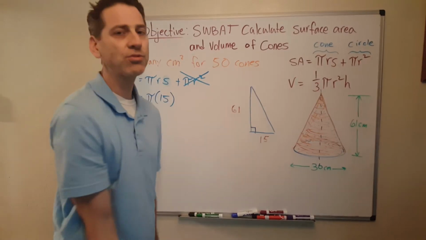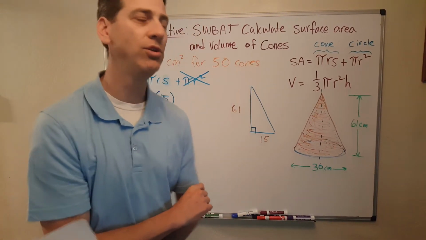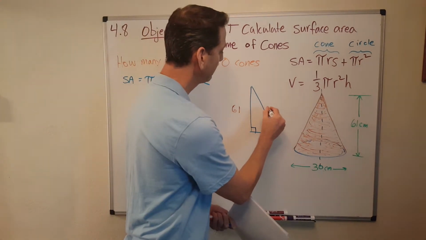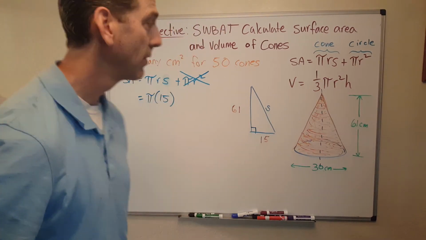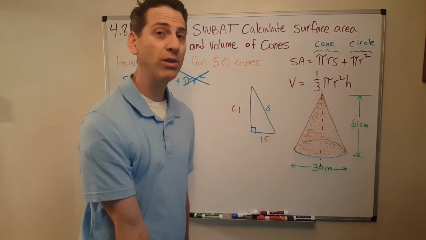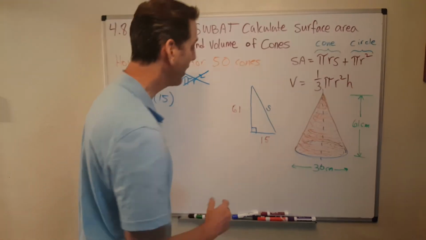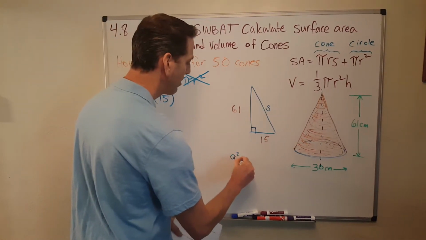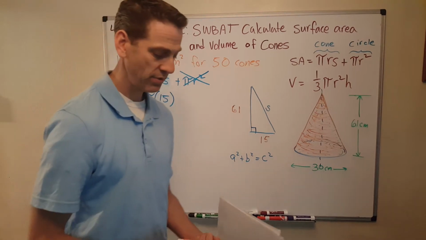So I have a right triangle, and I know the two legs of my triangle. Do you know how to find the slant height? I'm just going to call that S. If you remember, we learned how to use the Pythagorean theorem. The Pythagorean theorem states that a squared plus b squared equals c squared.